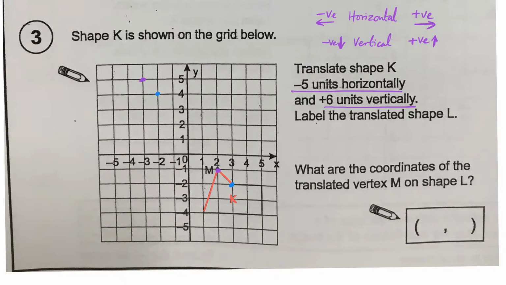And the other point, from here we can see the other point here. If I just use another color, the brown one here is just from the purple one, it's 1, 2, 3 down, and then 1 to the right. So it will be over there.